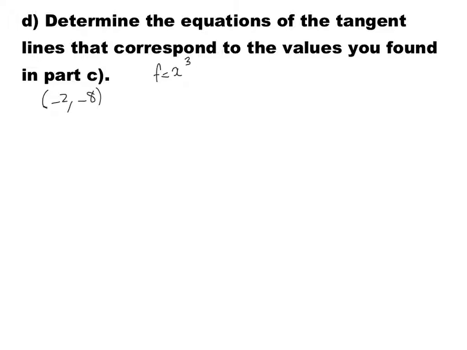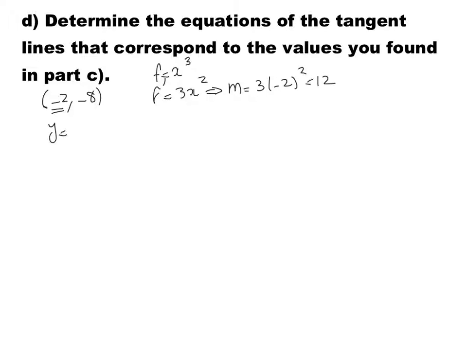So we have to find the tangent to the curve at the point (-2, -8). The derivative f prime is 3x squared. So when x is negative 2, the slope m is equal to 3 times negative 2 squared, which is 12.